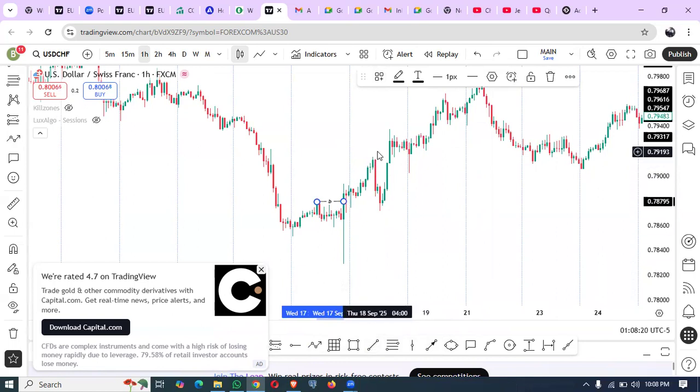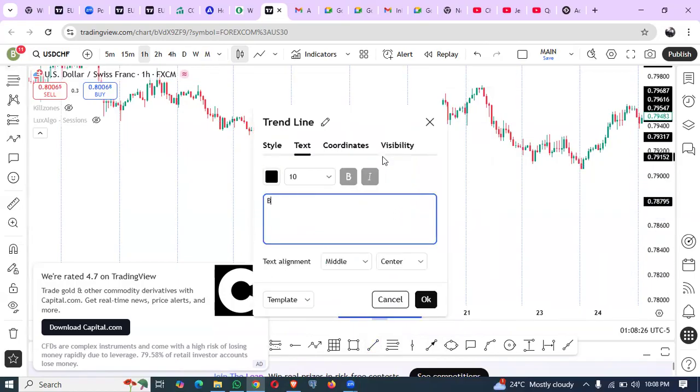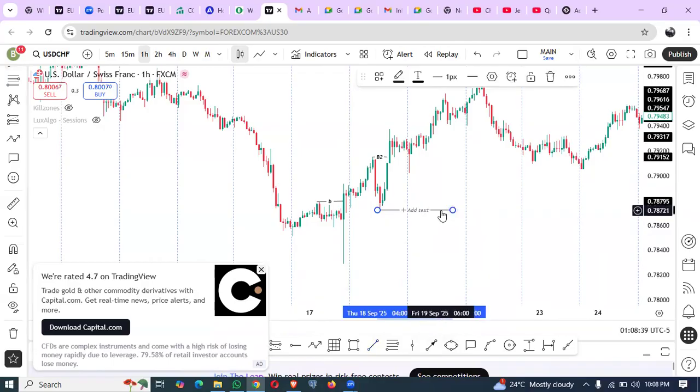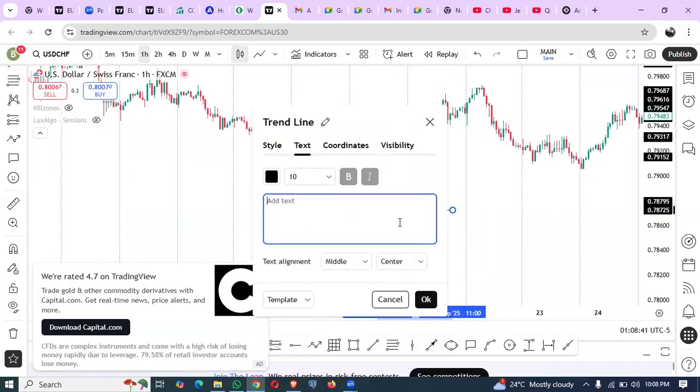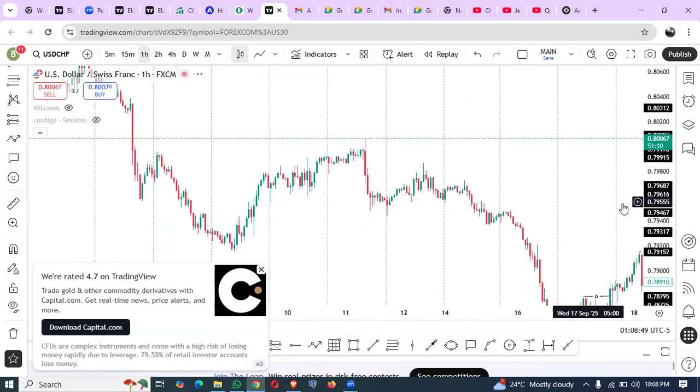And call this one your B2. Then the origin of that B2 is your inducement. So this is your IDM, inducement or X. We call it X, anything. So that's it. Let me look for more.